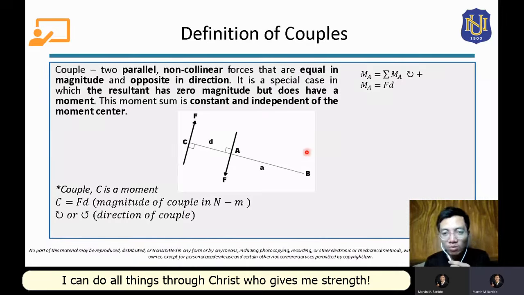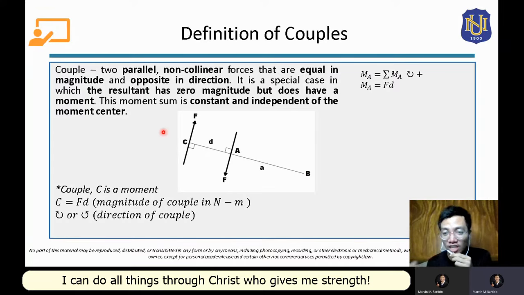Okay, so the second one, we will go to summing up the moment at point B. Your moment at B of these forces, since these are a couple, has to give the same magnitude and direction of moment.